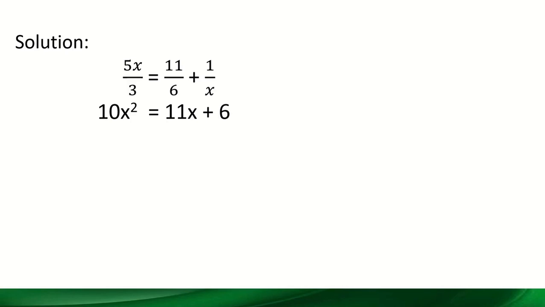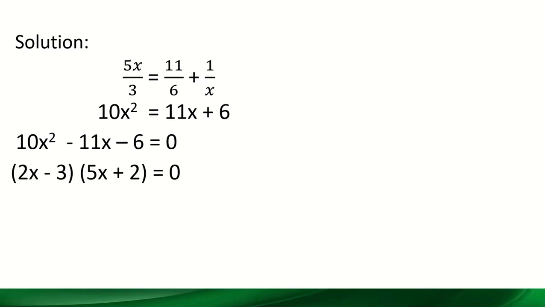Then, you transfer 11x and 6 to your left side of the equation. It becomes 10x squared minus 11x minus 6 equals 0. Now, find the factors of 10x squared minus 11x minus 6. The factors are the quantity of 2x minus 3 times the quantity of 5x plus 2 equals 0.